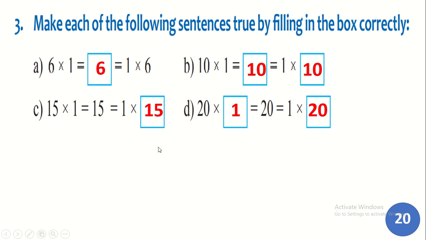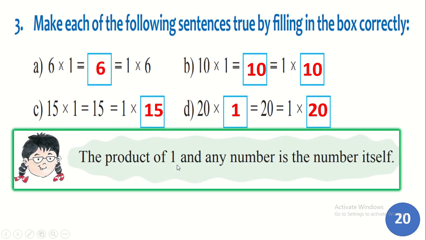Okay. What did you find here? The product of 1 and any number is the number itself. Meaning, if you multiply by 1, the answer is the same as itself. Like here, 6, you multiply by 1.